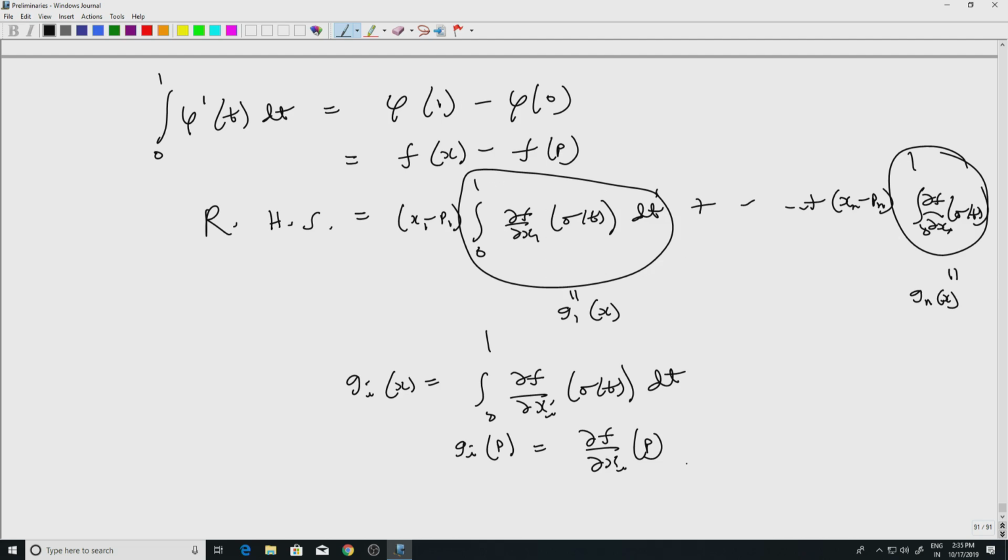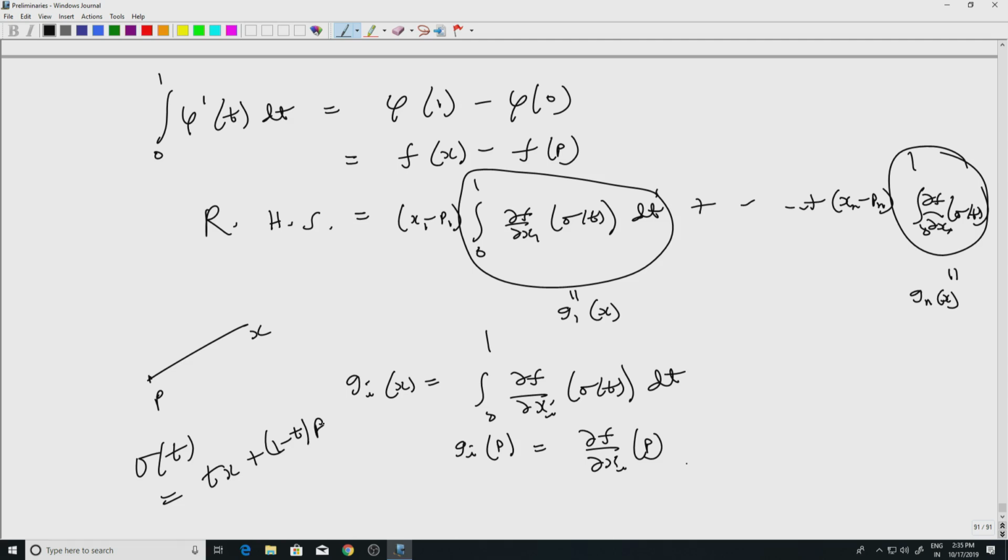It's not apparent from the way it's written where the dependence on x is coming from. But it's clear if you remember that sigma t is the straight line joining p and x. More explicitly, sigma t is given by the formula t x plus 1 minus t times p.